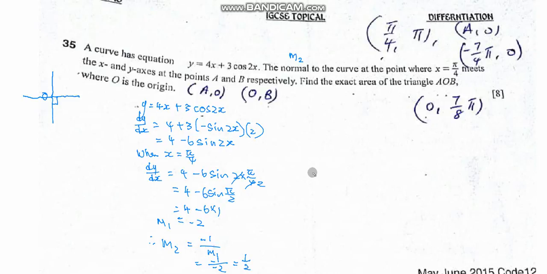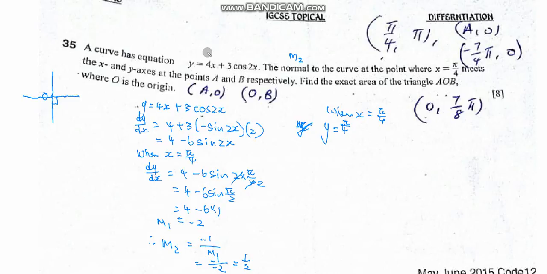Now we have to form the equation of the normal before we can find the x and y intercepts. Since we have the M2, we still have to find a point where the normal passes through. So we use back the same point, x equals pi over 4.